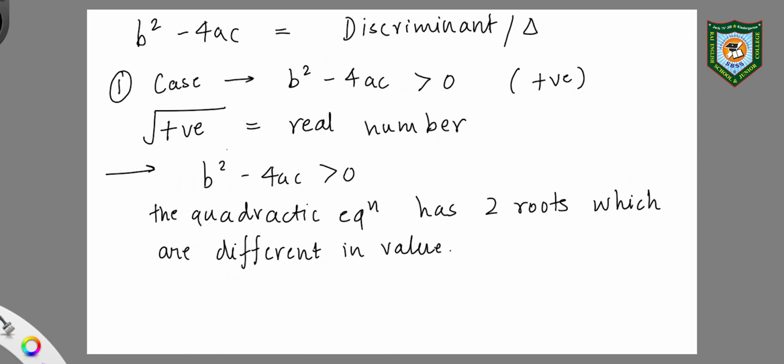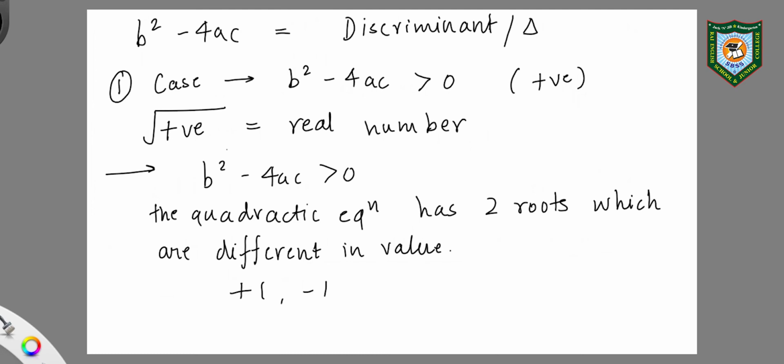Now, two roots which are different in value means that one of them is going to be +1 and the other one is going to be -1. +1 and -1 are two different values. The number is the same, but the sign changes the value they pertain to.